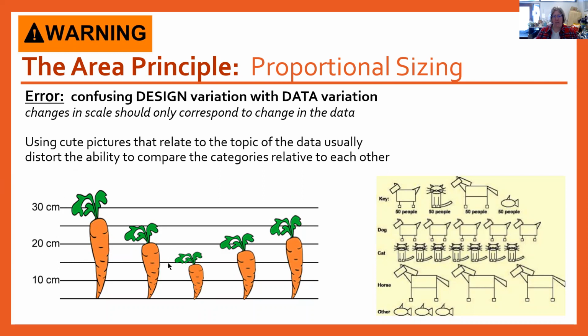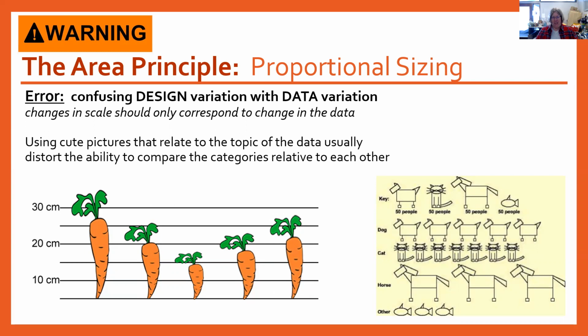If I focus on maybe this carrot in the middle, that looks like it's maybe about 17 centimeters high, and just eyeballing it, trying to decide which carrot I think is about twice as big, I would say maybe this carrot on the right, although it looks like it's only maybe 27 centimeters. So it's definitely a little bit shy there.